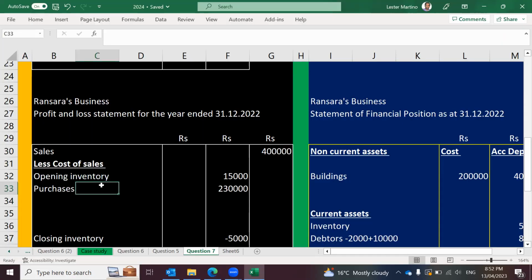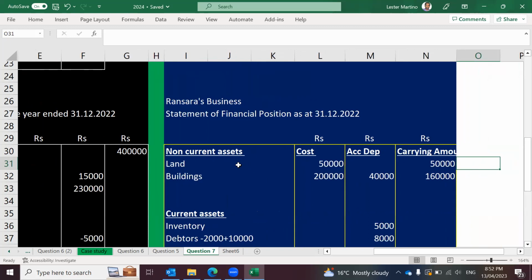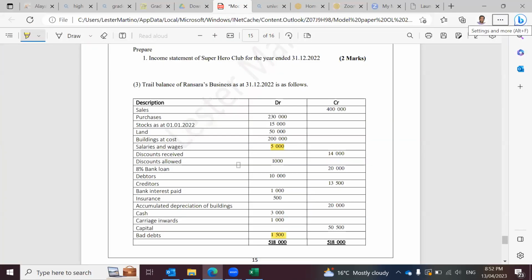Land, 50,000. Cost, 50,000. Land is not depreciating, so carrying value equal to the cost. Building we did, salaries we did, discount received 14,000.